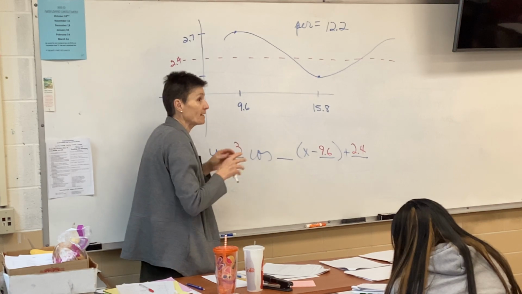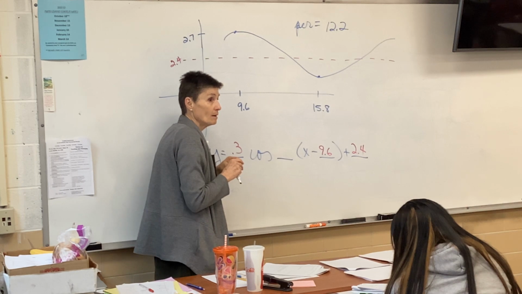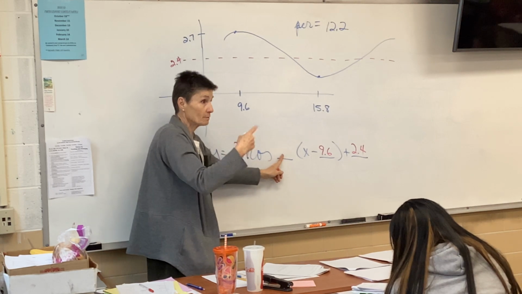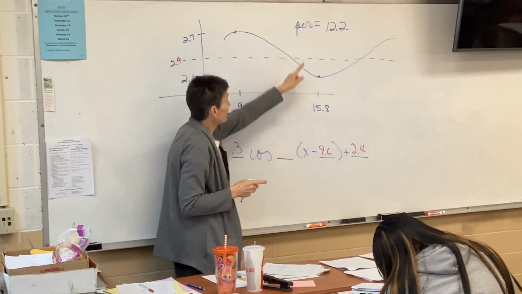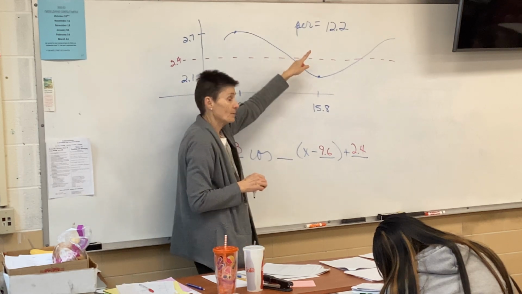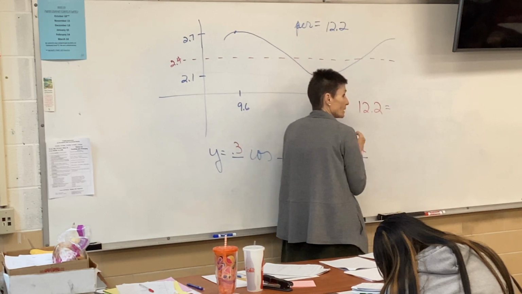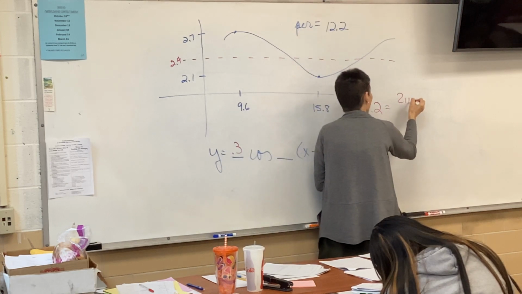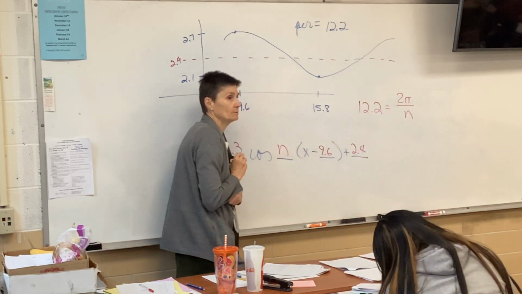And the only thing left I have to figure out is the period, or not the period, but this number that controls period. But here's the good news. Didn't they tell me the period? So 12.2 equals 2 pi divided by my mystery number.